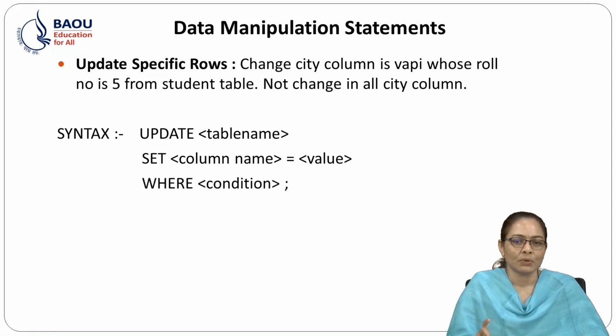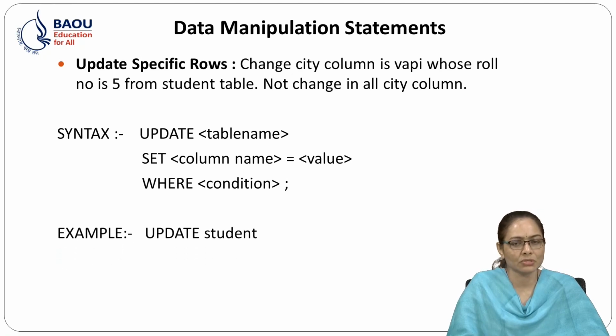Here we include the where condition because we update the specific records. For example, update student, set city is equal to Vapi, where roll number is equal to 5. So this command is used here. The city will be changed for roll number 5.